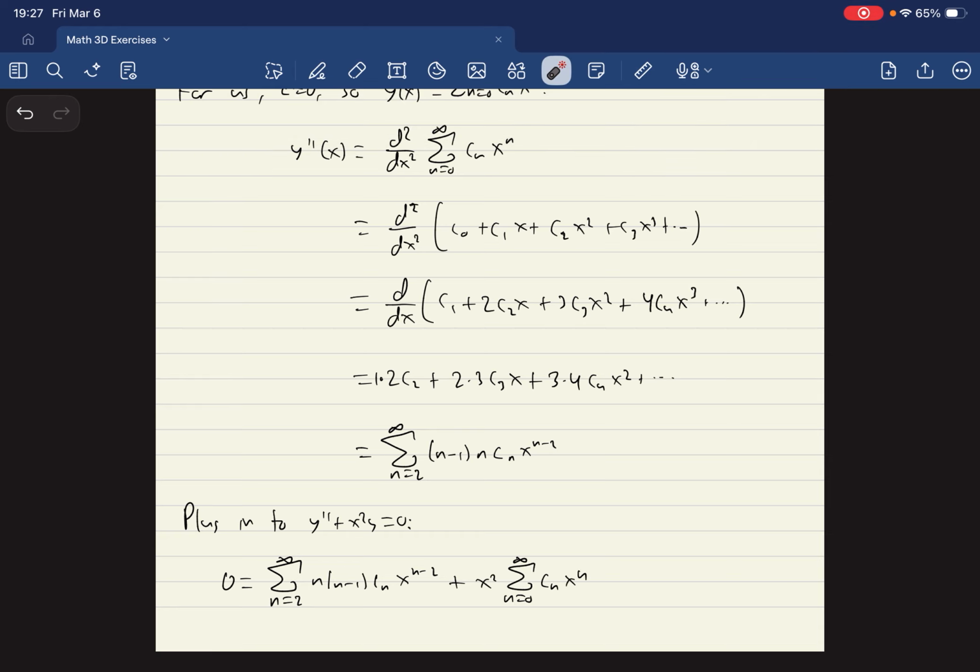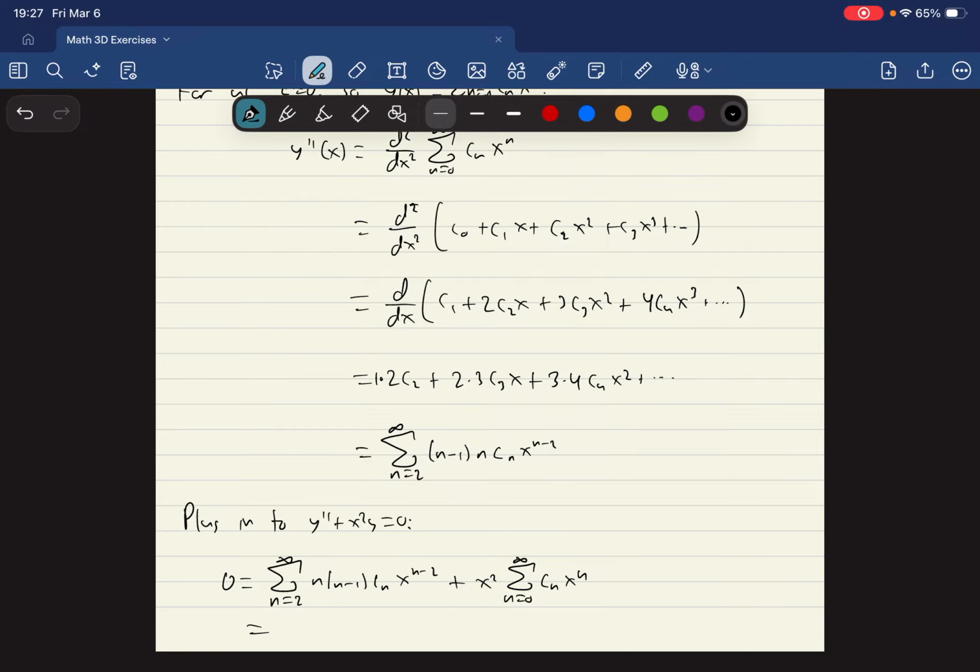We're going to bring this exponent into the x. So this will be the sum from n = 2 to infinity of n(n - 1) c_n x^(n-2), plus the sum from n = 0 to infinity of c_n x^(n+2).